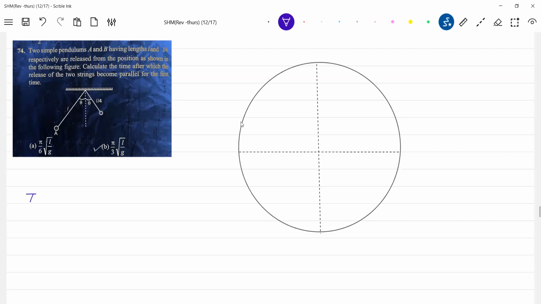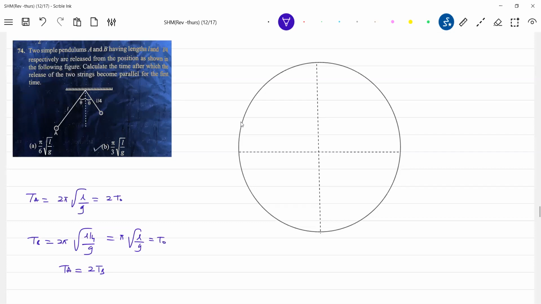Time period of A will be... let me take this time period as T naught. So this will be 2T naught. So the time period of A will be 2 times the time period of B. Okay, fine. First we have this one.